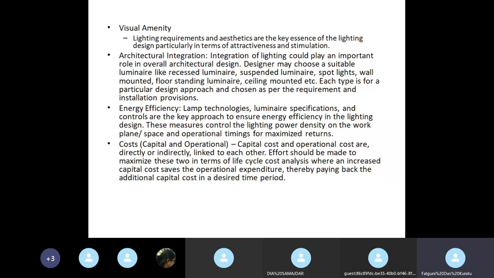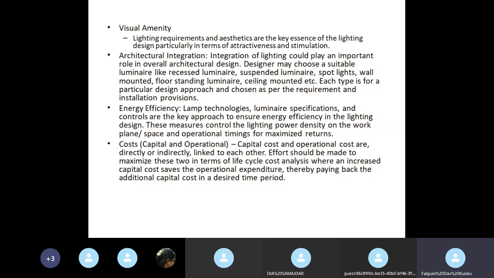Stimulations means how the light stimulates us. If we see a green light and a red light and a white light, which light stimulates us and attracts us? The light being comfortable to our eyes. Here the comfortable light is white light.